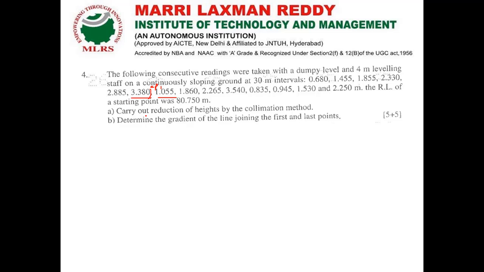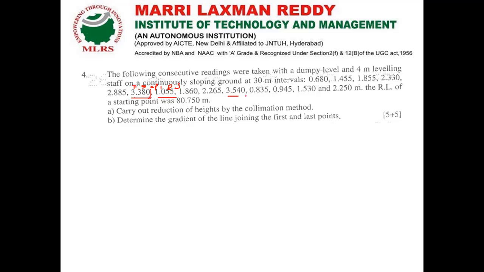This reading can be written in the foresight column in the table, and this reading in the backsight column. Now 1.860, 2.265, 3.540.